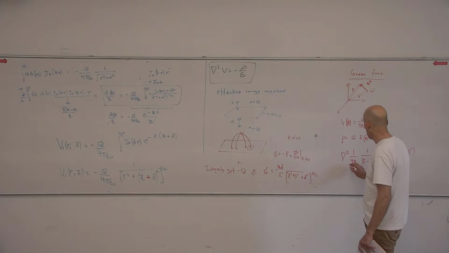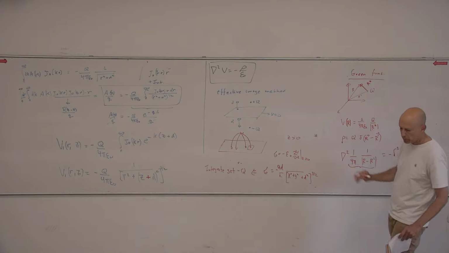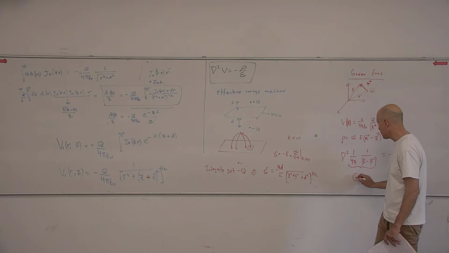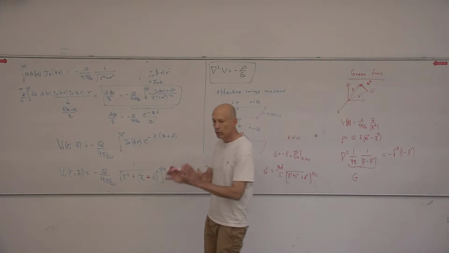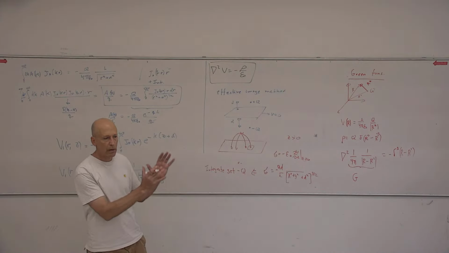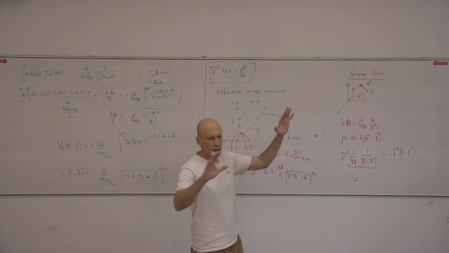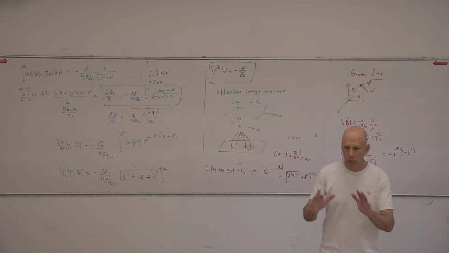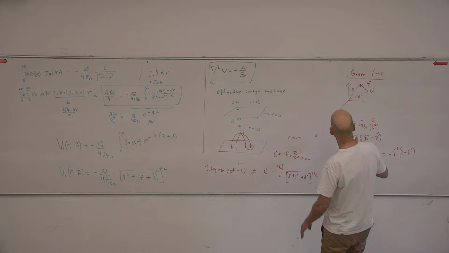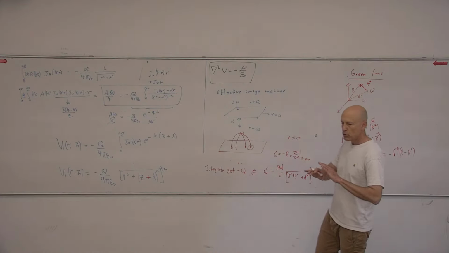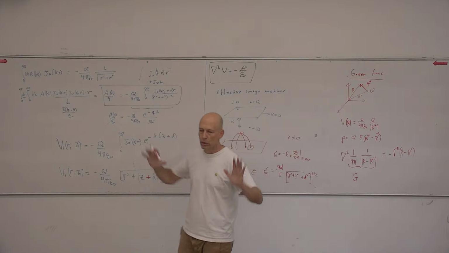Now, what I'm going to call a green function in this trivial problem is this, the green function for this problem. There are many green functions depending on boundary condition 1, boundary condition 2, boundary condition 3. There's an infinite number of green functions for different types of problems. Now I'm just going to define the green function for the problem where we have one charge and no boundary condition except at infinity.